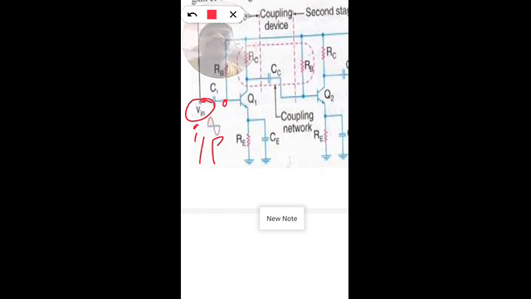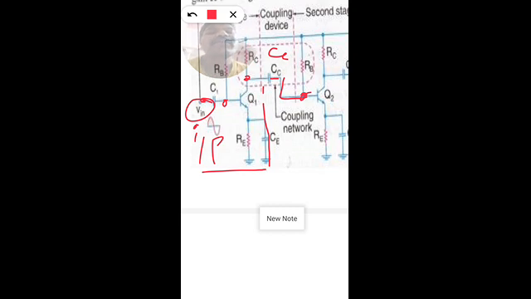The first stage amplifier Q1 amplifies the signal, and the amplified signal is obtained at the collector of the first stage. This amplified signal is now coupled to the base of the second stage through the coupling capacitor.